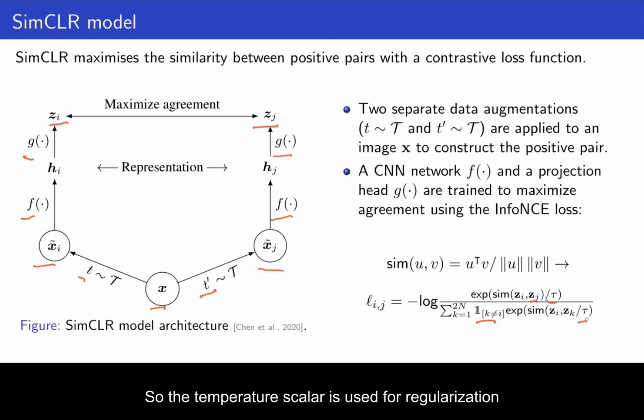The temperature scalar is used for regularization and can be tuned to enable smooth training. We use the negative log likelihood to rescale this equation into a loss function to minimize, which ranges from plus infinity to 0. Now the agreement or the similarity is measured as the cosine similarity in the latent space. Cosine similarity is often used as a similarity metric in high dimensional space, as the Euclidean distance is not a very good measure with high dimensions.